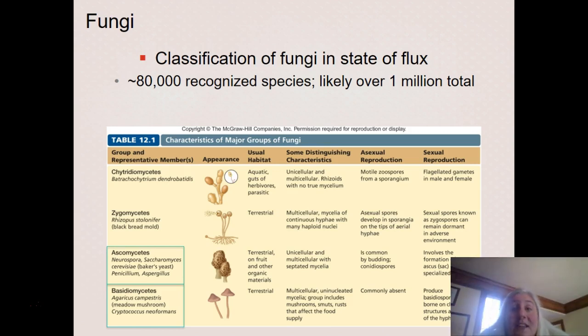Basidiomycetes are the most common fungi that people know because they produce the mushrooms that people eat all the time. But other fungi are still very important. It's just these two groups we tend to come in contact with a lot. And then we have some fungi that are very dangerous as well.